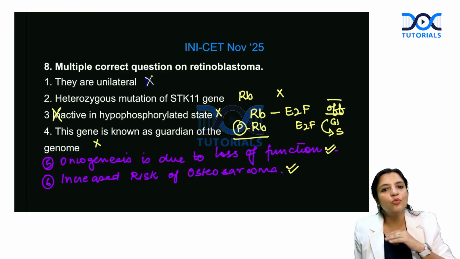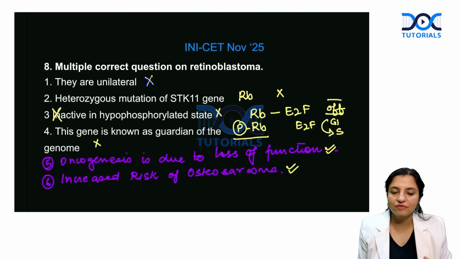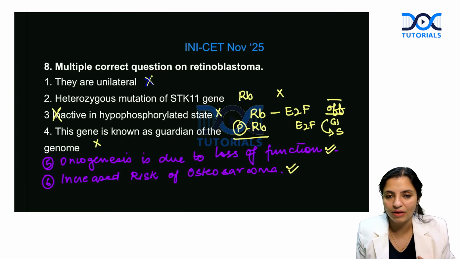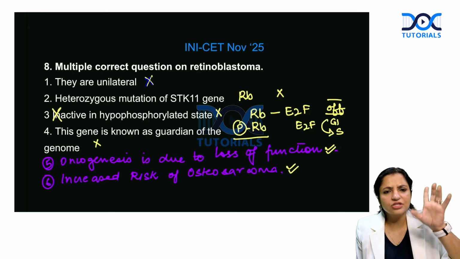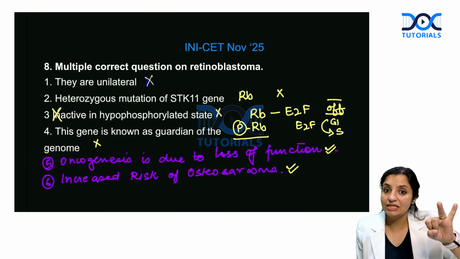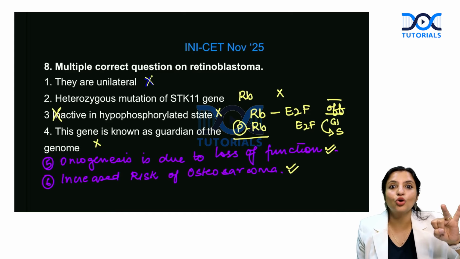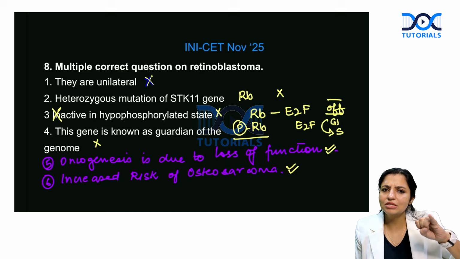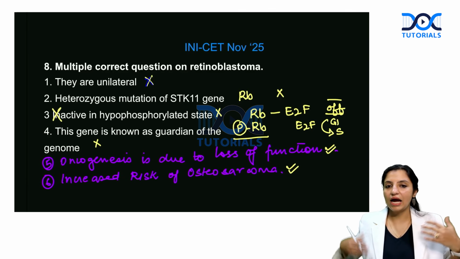Okay. So remember, whatever the options were, this should be very clear in your mind: it's a tumor suppressor gene. So its loss of function makes it cancerogenic or oncogenic, and its mutation causes retinoblastoma and osteosarcoma. And RB gene is always active.